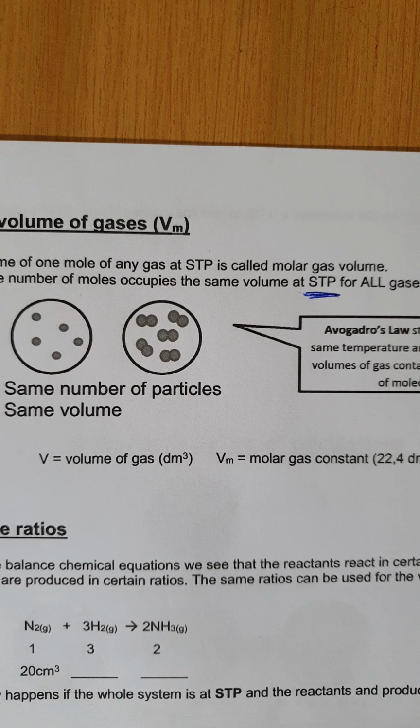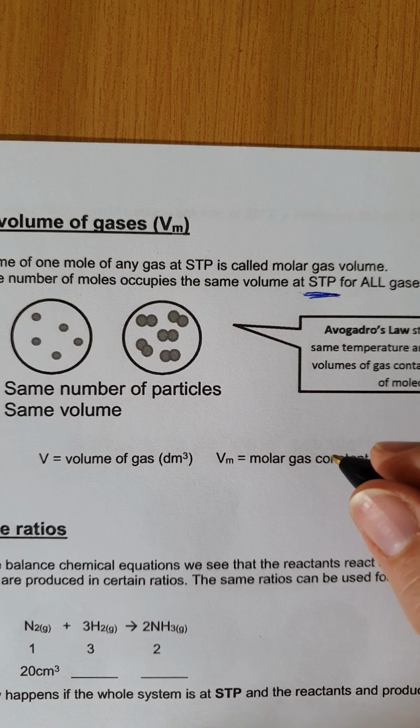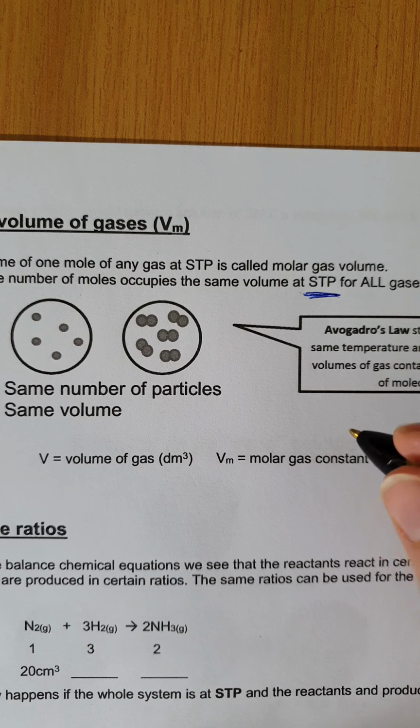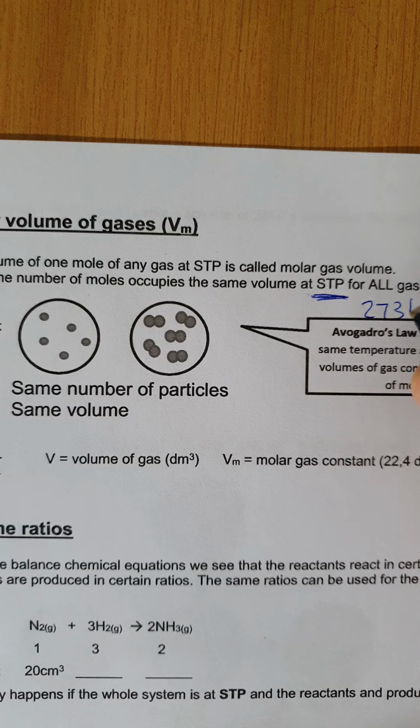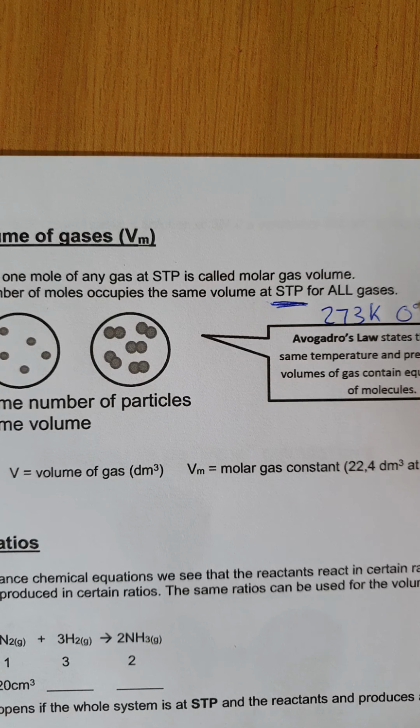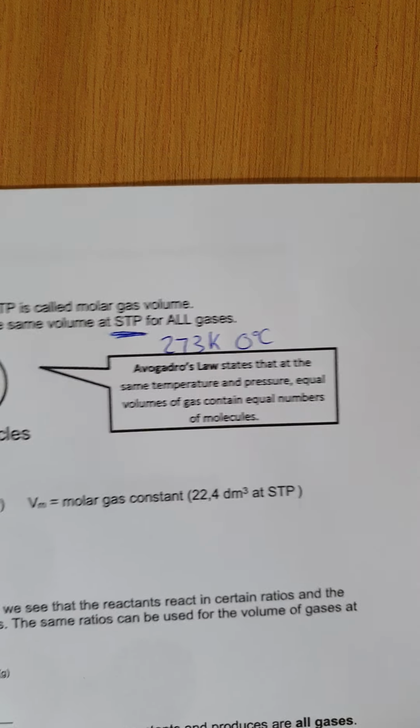So STP. Okay, so your STP is 273 Kelvin. Remember, there's a Kelvin scale, which is the same as 0 degrees Celsius.